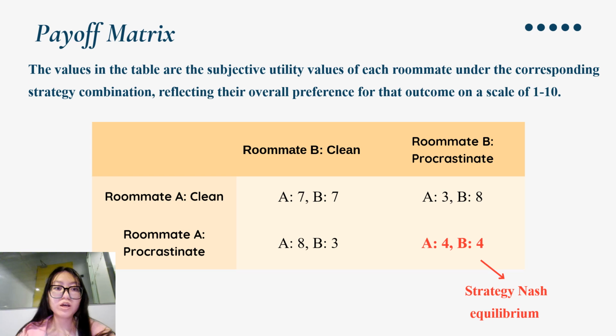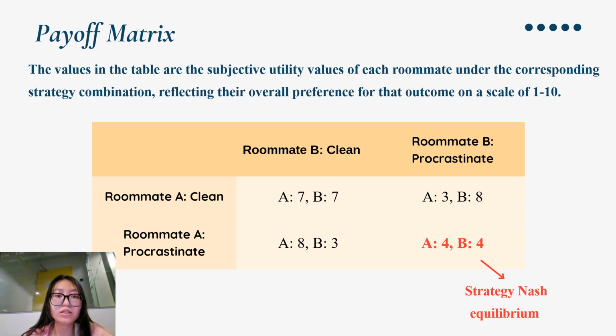For example, if both roommates choose clean, they both get a high utility value, 7. But if I procrastinate and the other roommate does the work, my utility value is higher at 8, while the other roommate's is only 3. This represents a prisoner's dilemma interaction.